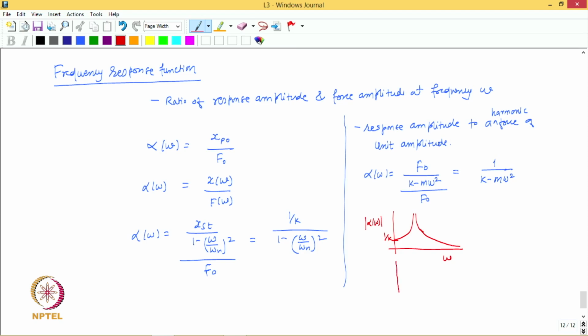I can also plot the phase of alpha omega as a function of omega. Of course, this is omega n here, and we see that the phase is 0 degrees when omega is less than omega n, and it is 180 degrees when omega is more than omega n. So, this is the frequency response function, magnitude and phase.